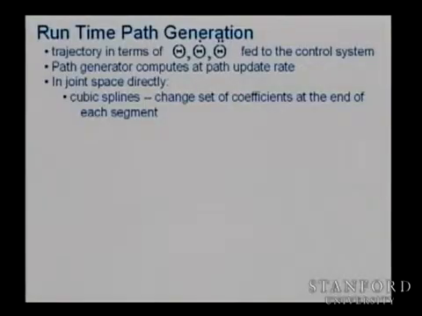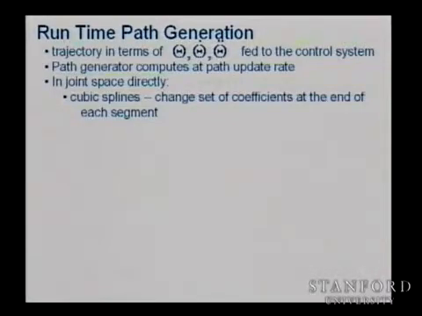So what do we do? The path generator computes the path at some update rate. So we saw the beginning point, intermediate points. We can compute all those values using the formulas that we saw, if we are planning in joint space directly, right?